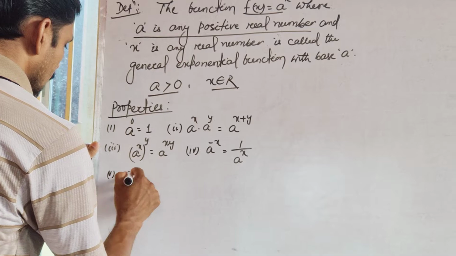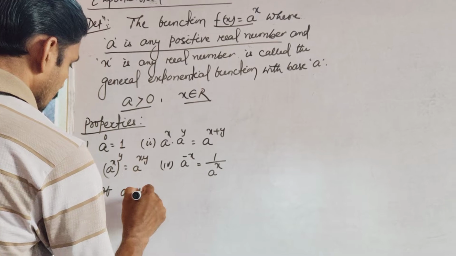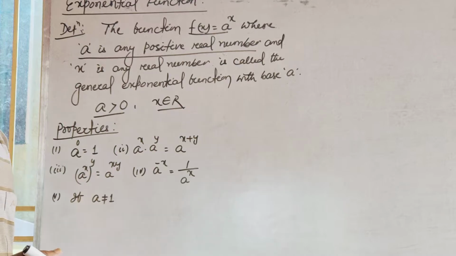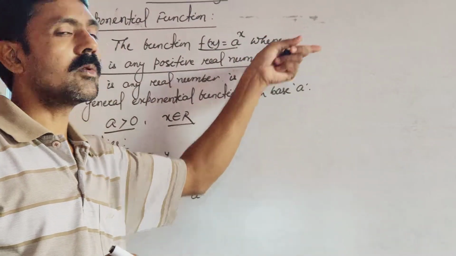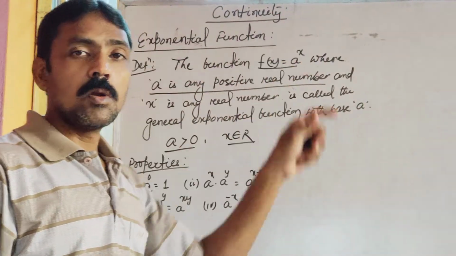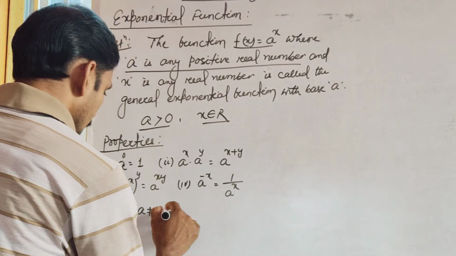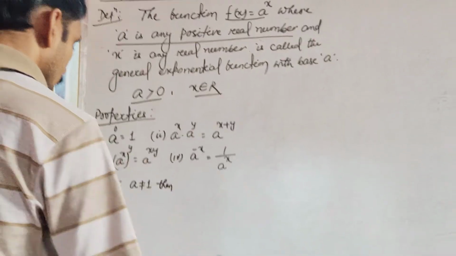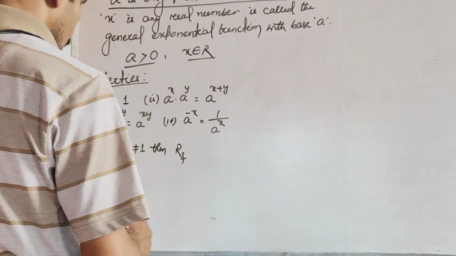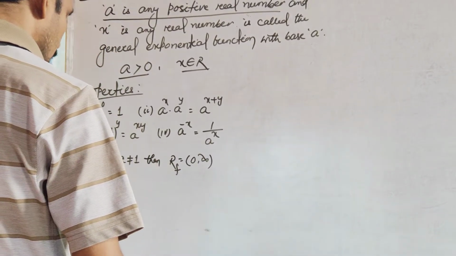Then if a is not equal to 1. If the base is 1, then 1 raised to any power will always be equal to 1, whether it is 1 to the power 0, or 1 to the power 1 lakh, or 1 to the power minus 50,000. When base is 1, value will be 1. So if a is not equal to 1, then the range of the function is always 0 to infinity.